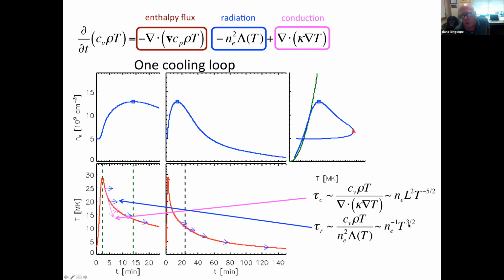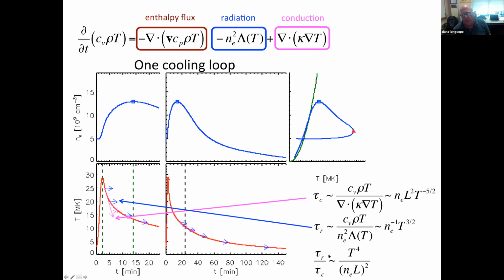And as the temperature drops, and we saw this again for the loop model, radiation becomes increasingly important, and eventually they both become important, and it's those two that balance, and the enthalpy flux stops doing anything for you. Okay, so then you have a balance between radiation and conduction.